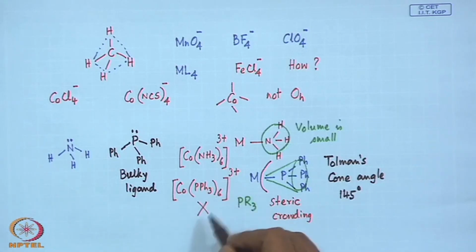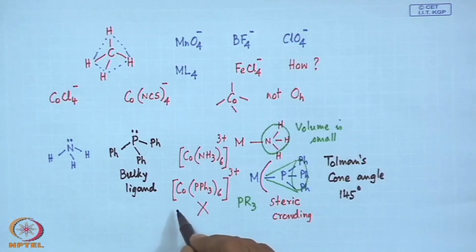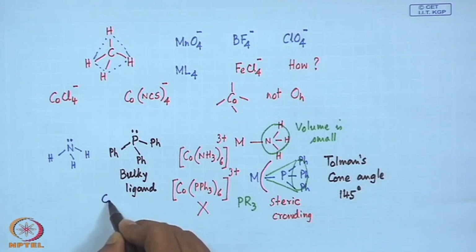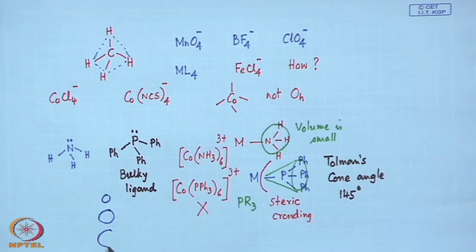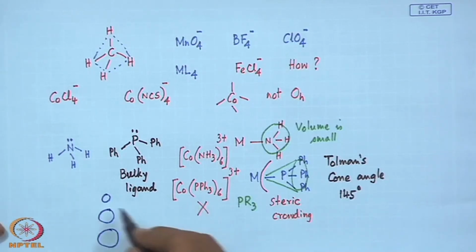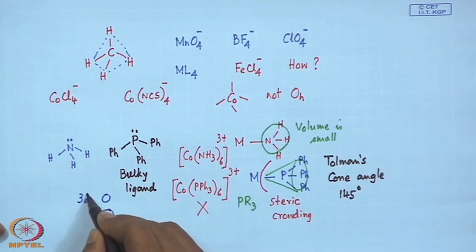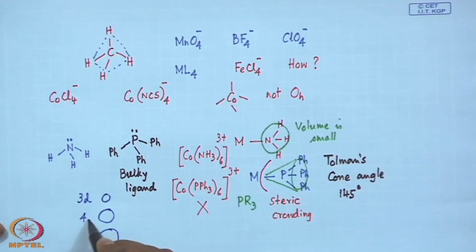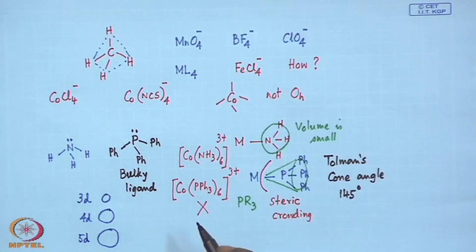So, if we go down to other metal centers, you can go from cobalt to rhodium to iridium. That means you can move from 3d to 4d to 5d metal center. That means we want to increase the size of the metal centers like this to this to this. So, we can have 3d, 4d, or 5d.